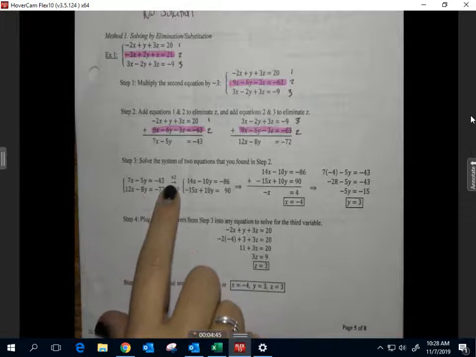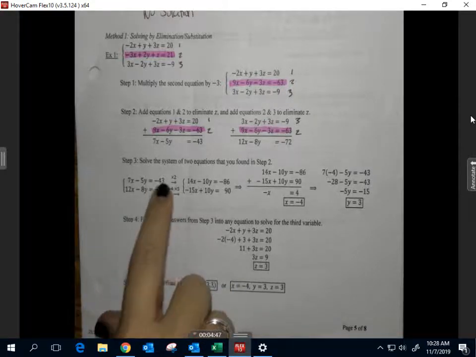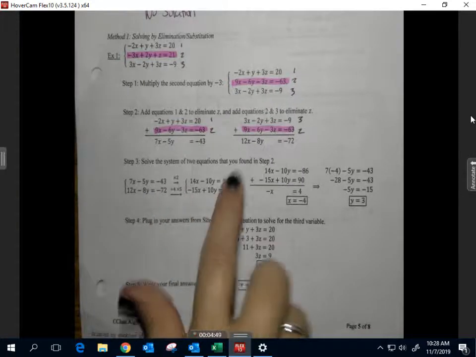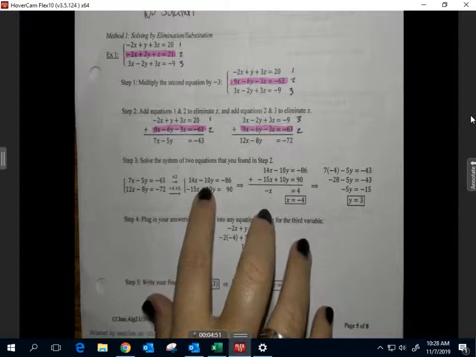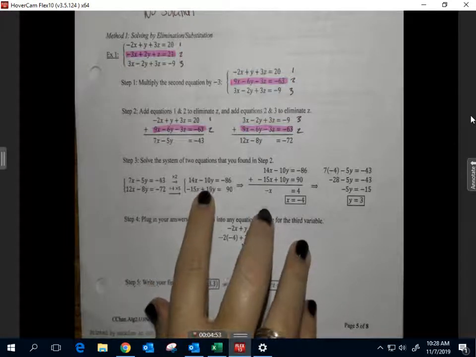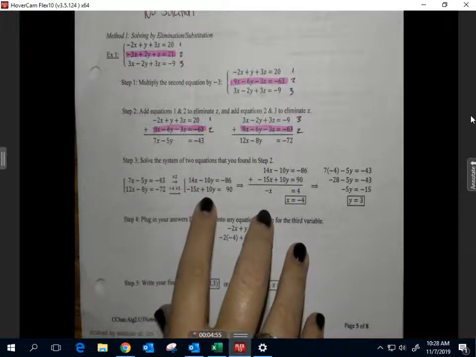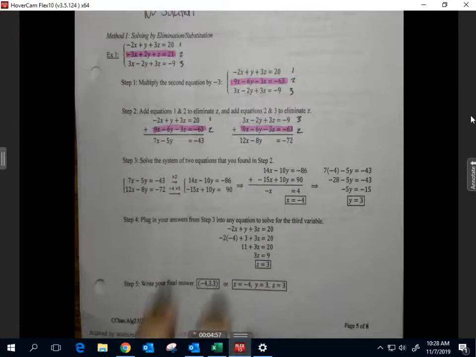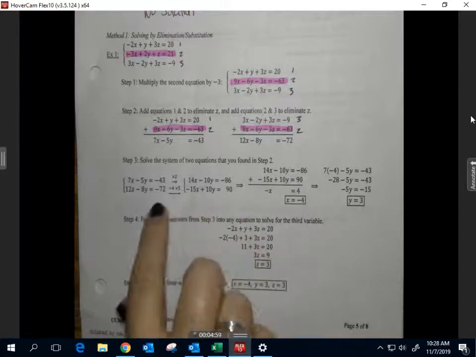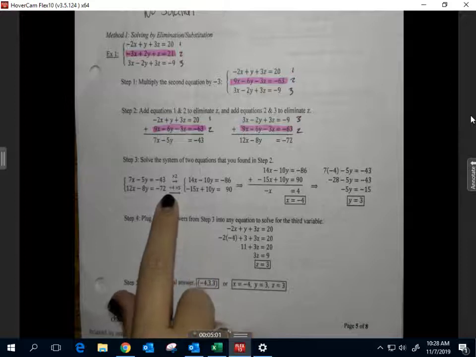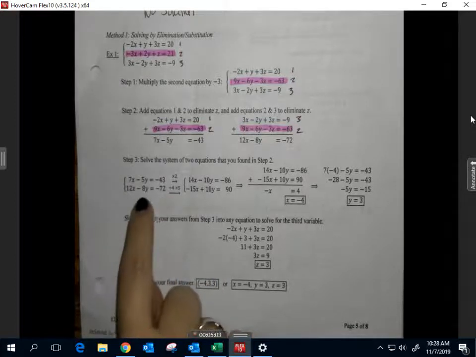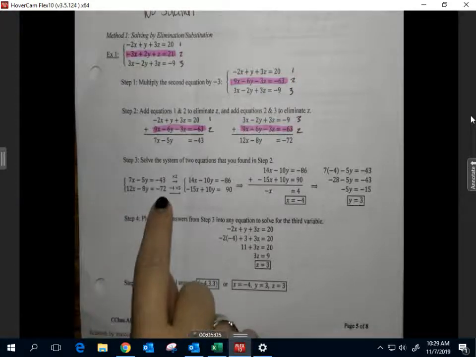So they multiply that top equation here by 2. No biggie. If you notice, the coefficient of y is -10, so they're trying to get the coefficient of y in the second equation to be +10. To do that, they divided each one of these by 4.